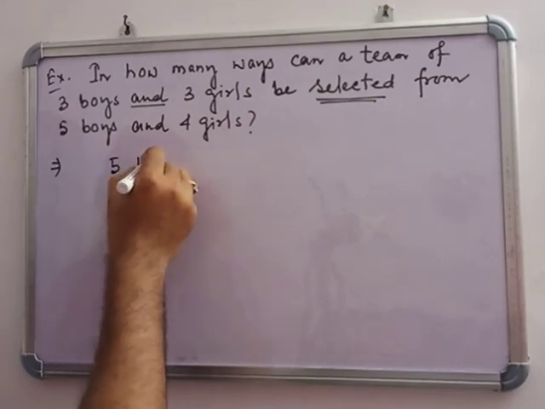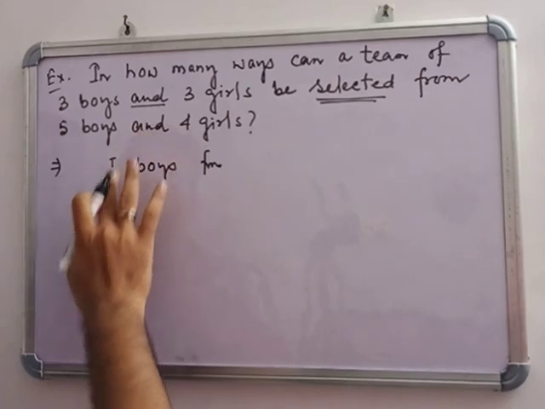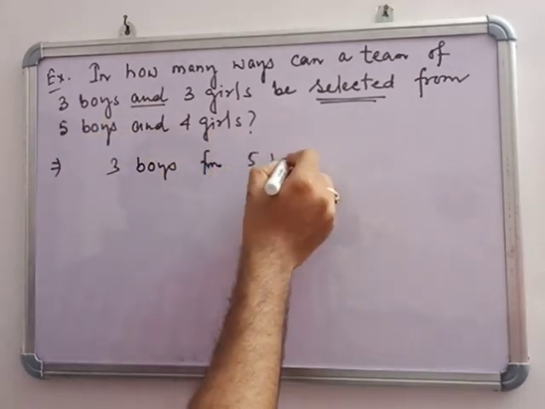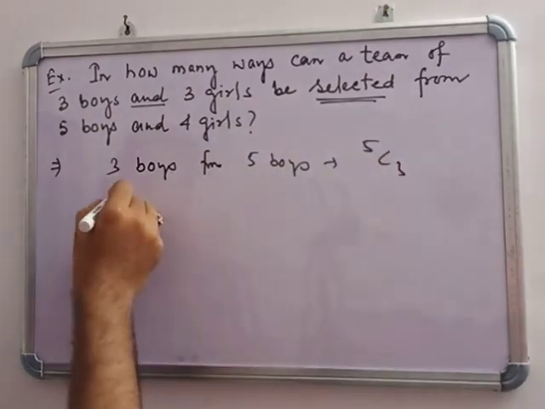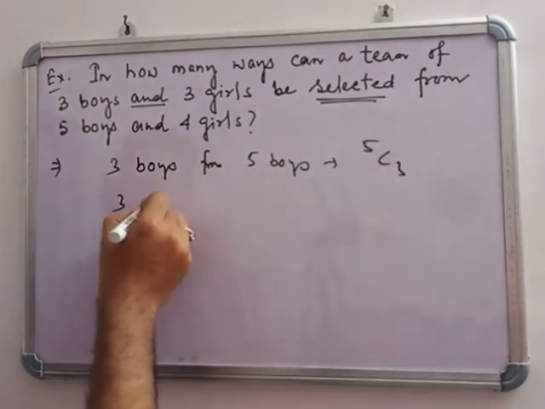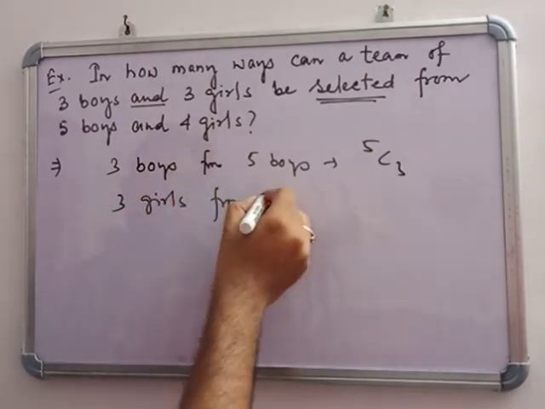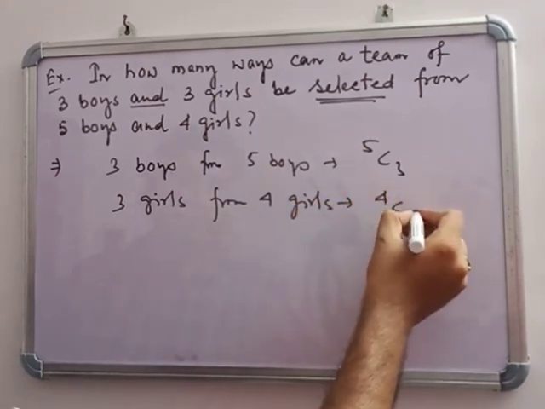So 3 boys from 5 boys, that is 5C3, and 3 girls from 4 girls, that means 4C3.